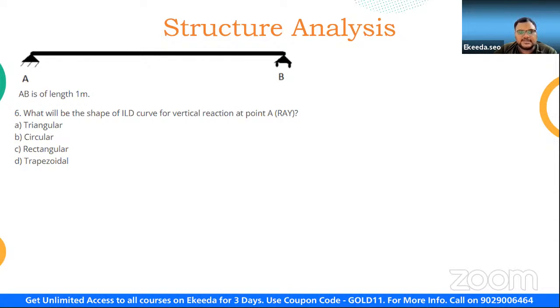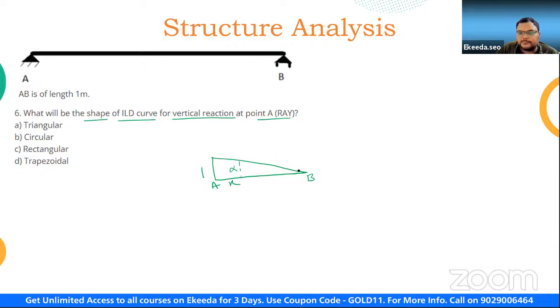In the previous slide, I told you that this is going to be the shape. This was A, this was B, this was 1. Here I had taken alpha at a distance of x.